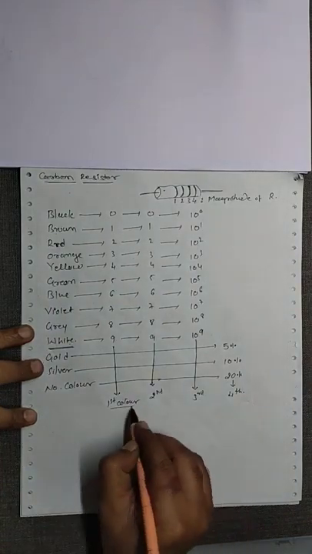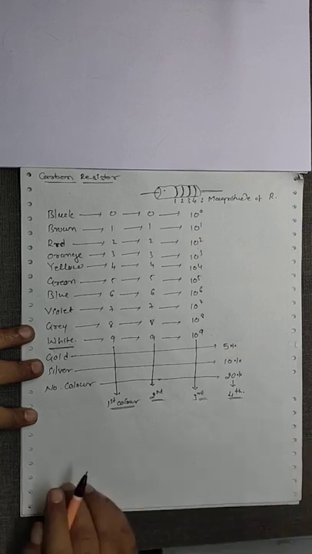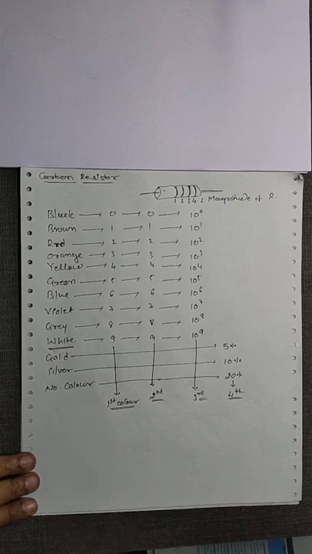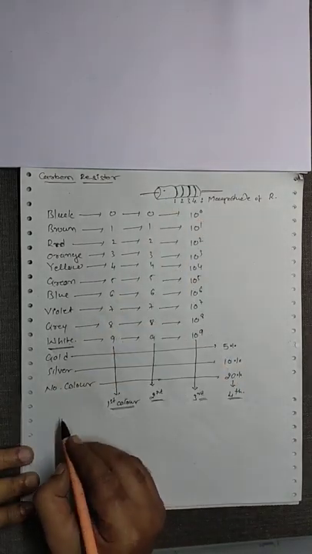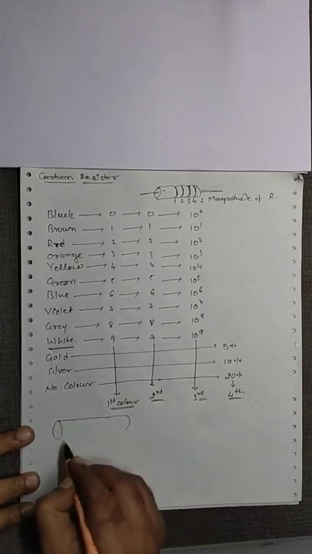How can you measure the magnitude of any given resistor? Let us see. Suppose the colors are orange, blue, yellow and gold, so in this type of resistor there are 4 colors.